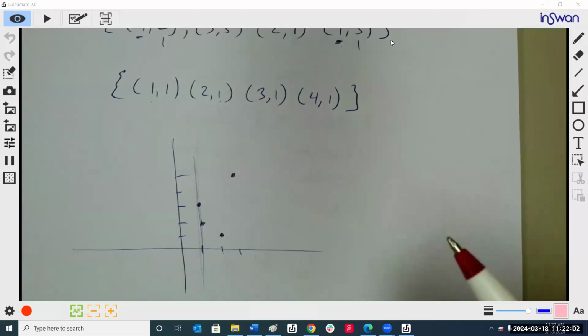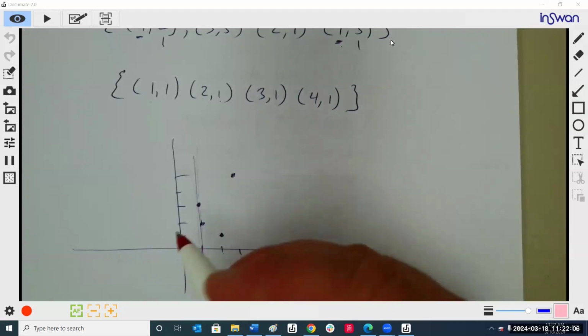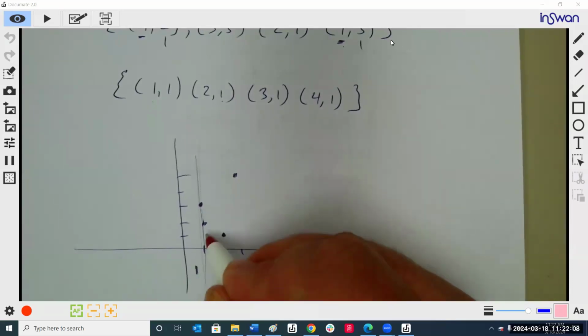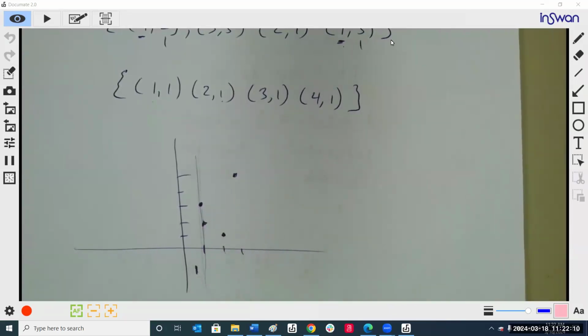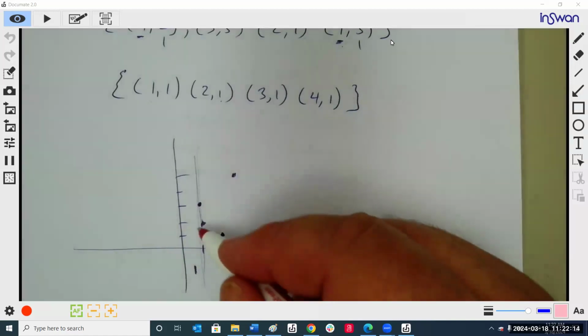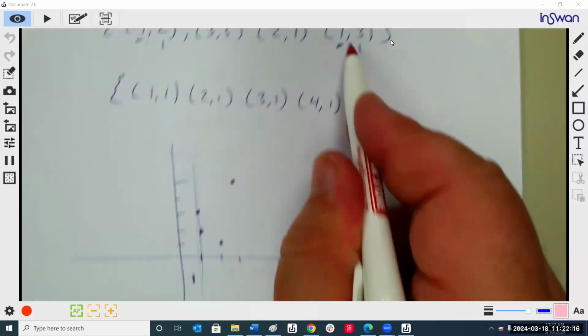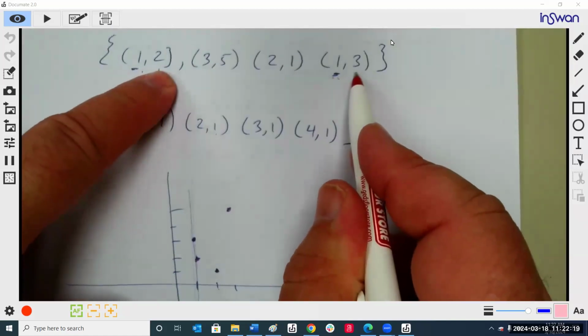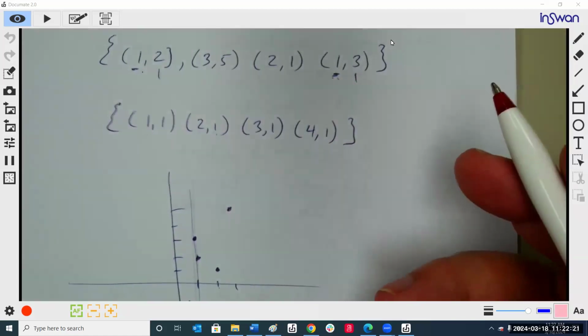A function cannot fail the vertical line test, because for each X value, there has to be one and only one Y value. So if you have the same X with two different Y's, then it's not a function. So we can't use it. So it cannot be one-to-one.